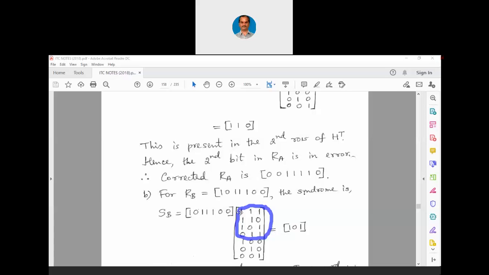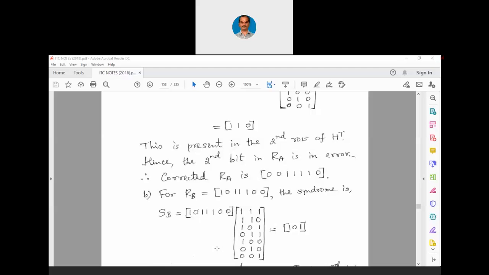Otherwise, all syndromes have to be unique here, right? If the syndromes are not unique, what may happen? If I have two rows having the same bit combination in H transposed, how do we decide which row is having error, which position is having error? Based on the row of the H transpose, we are detecting the error.